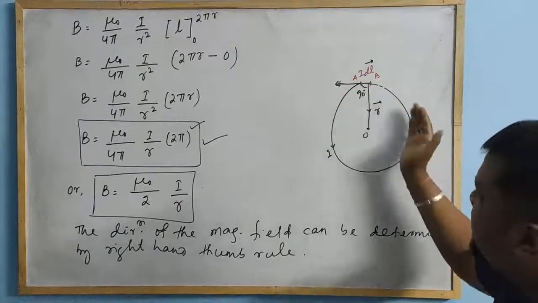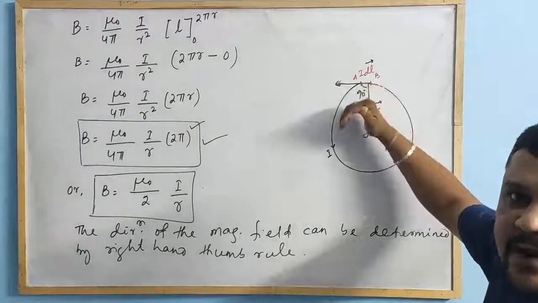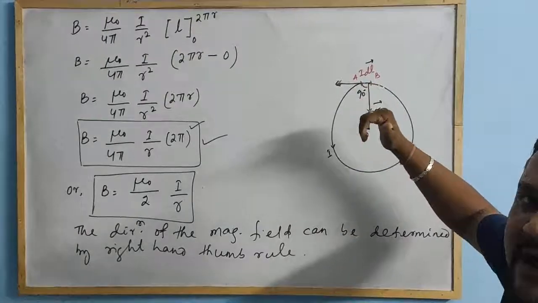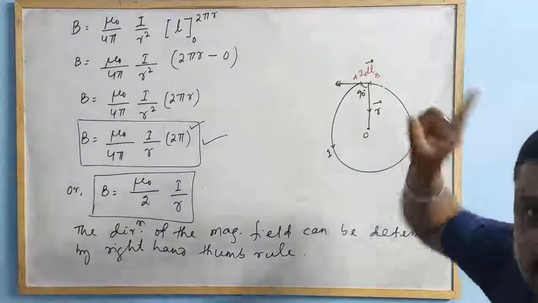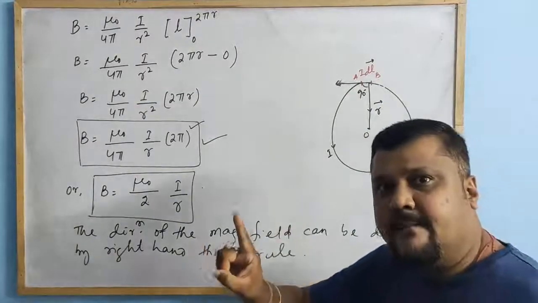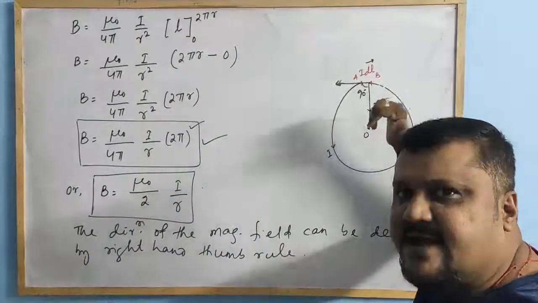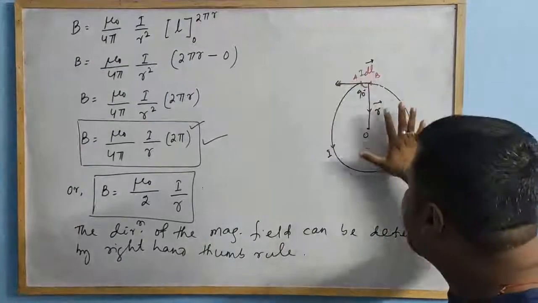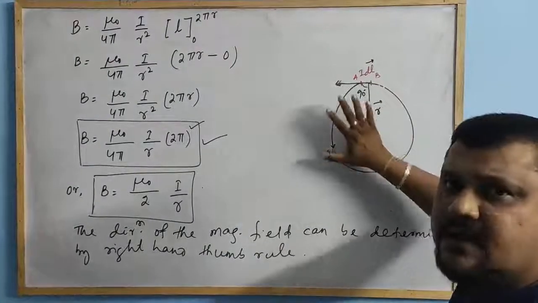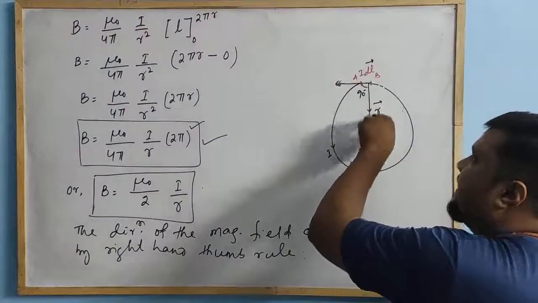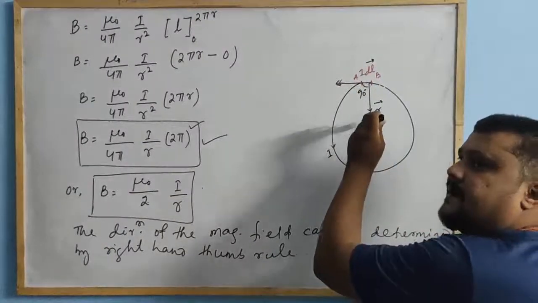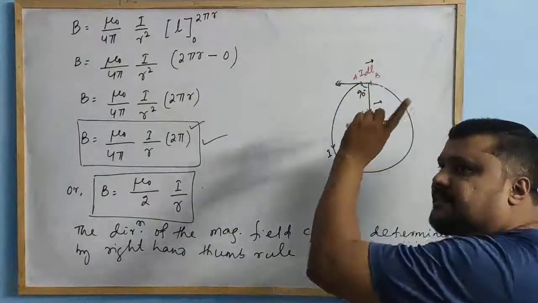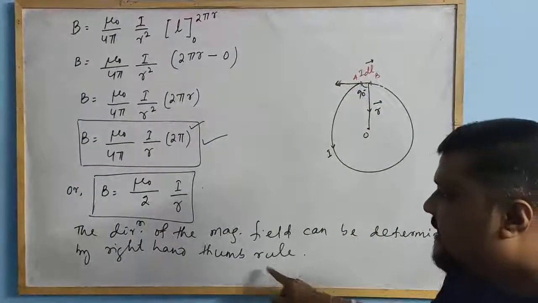The current is along this direction, it is anti-clockwise. The thumb gives you the direction of magnetic field at O. The magnetic field is perpendicular to the plane containing dl and r. On this plane, all the coil, r and dl are there. So it is perpendicular; it may be upward or downward. That can be known by this right hand thumb rule.